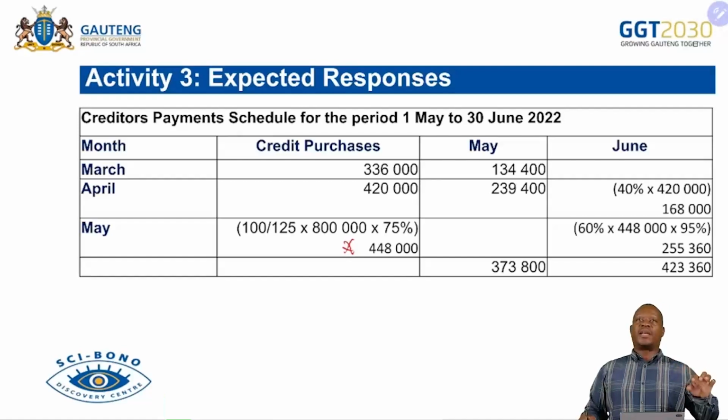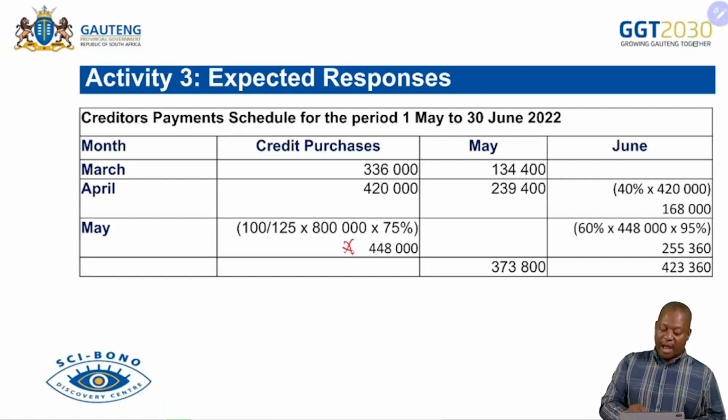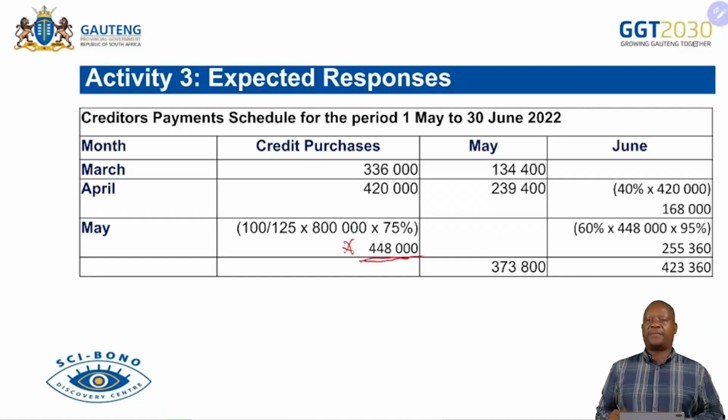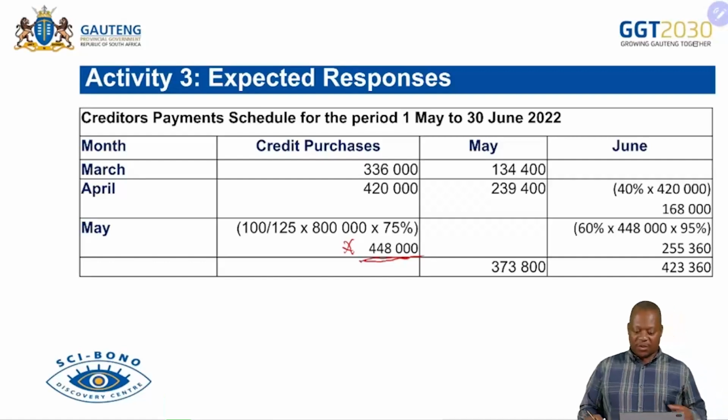We are doing as if we are calculating cost of sales, which is our purchases. And then we remember 75% of all our purchases are on credit. So we now take the 75%. And then that's how we get our 448,000. Straightforward, right? Let's hope we are getting it, boys and girls, the class of 2022.